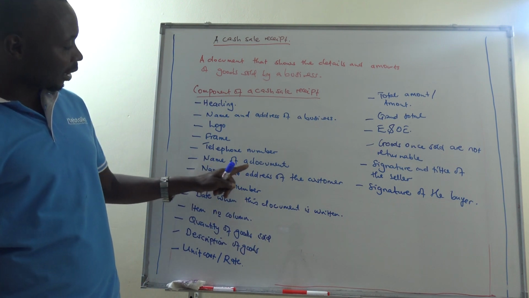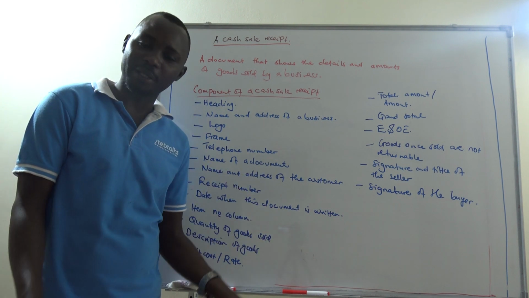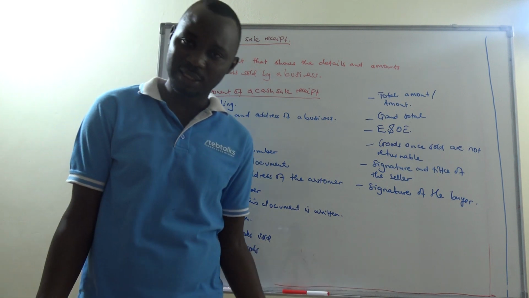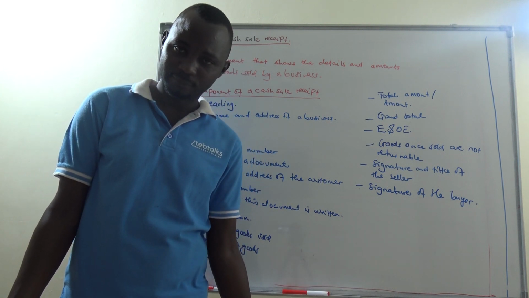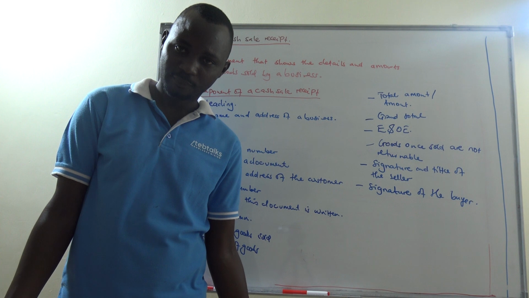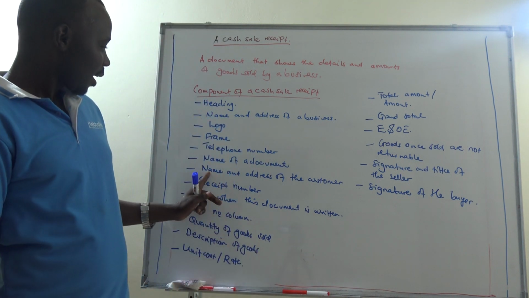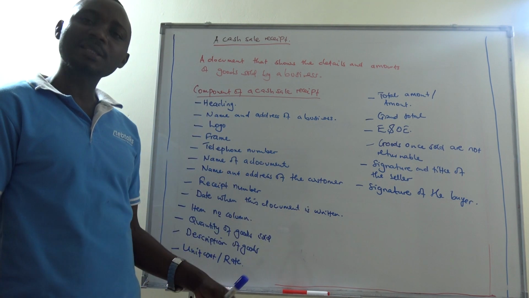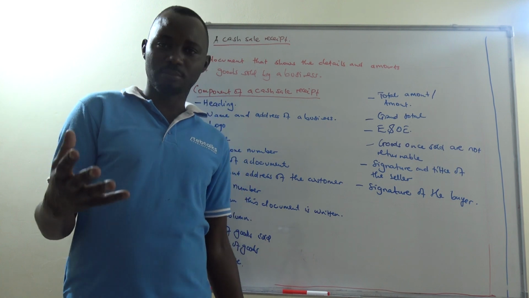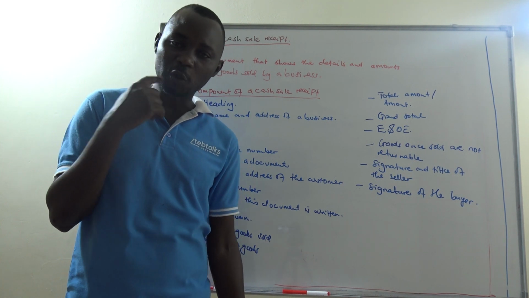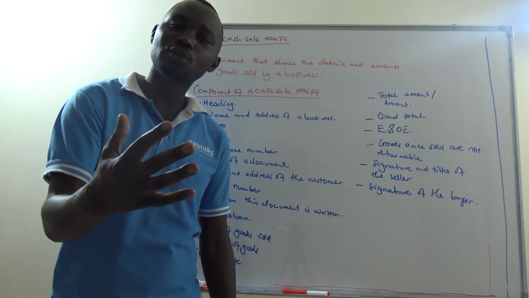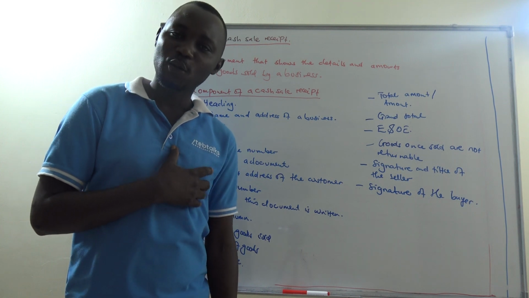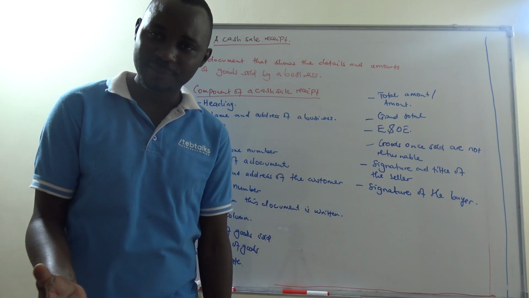Then the name of the document, what are we preparing? What are we designing? Name and address of the customer, we must be knowing to whom are we sending this document. In other words, who has bought from us? What is his or her address?